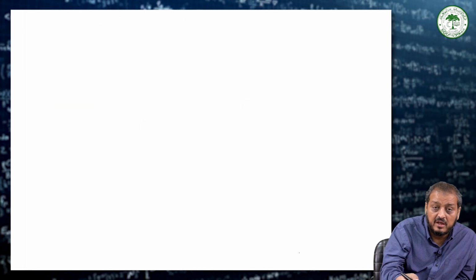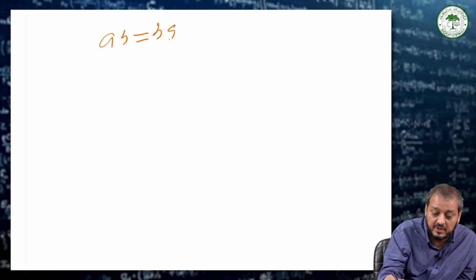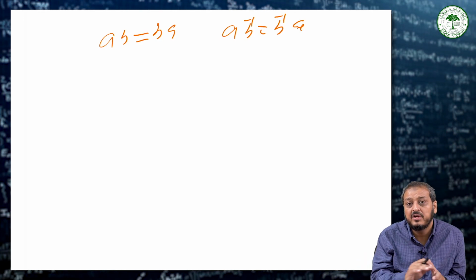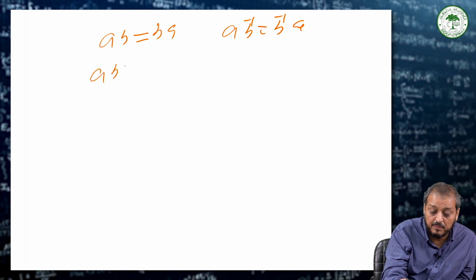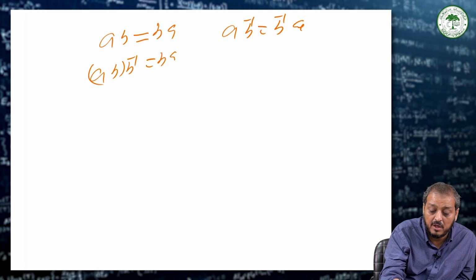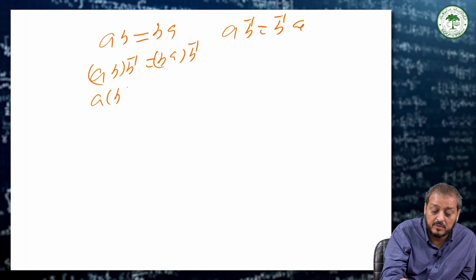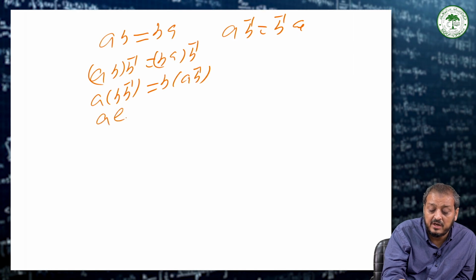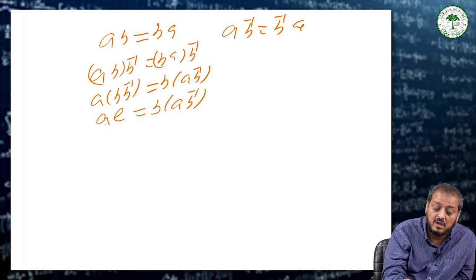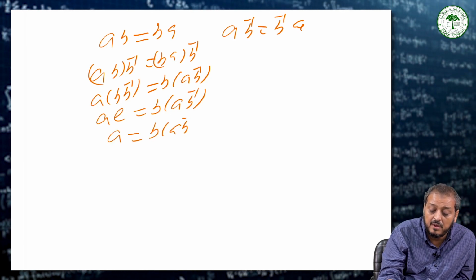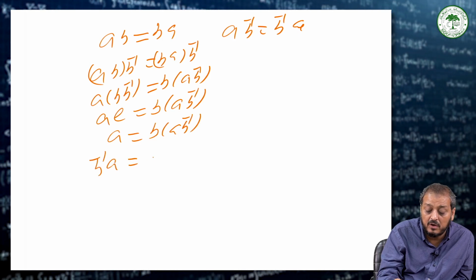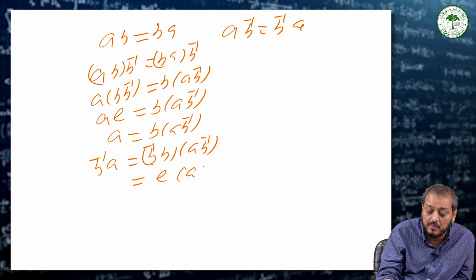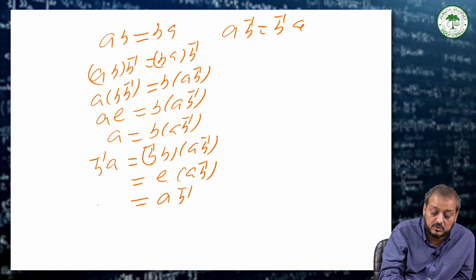We have AB equal to BA, and we have to show that A and B inverse commute. Writing B A B inverse, we get A B inverse equal to B A B inverse, where B B inverse is the identity. Then B inverse A equals B inverse B A B inverse, which again gives identity, so B inverse A is equal to A B inverse.